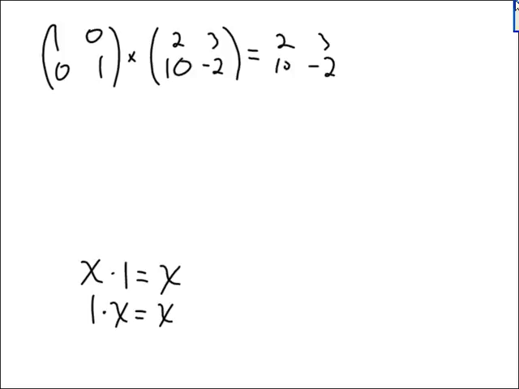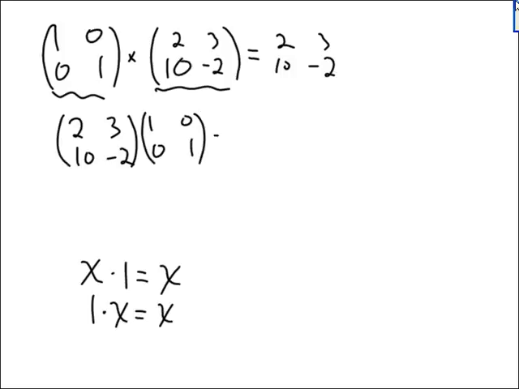Whether you put the identity matrix to the left of the 2, 0, 10, negative 2 matrix, or to the right of this matrix, either way, when you multiply by the identity matrix, you will get back the same matrix that you started with. So, this asks the question about inverses.